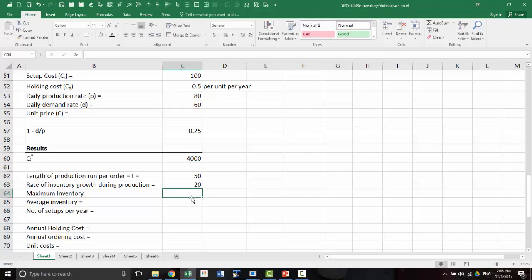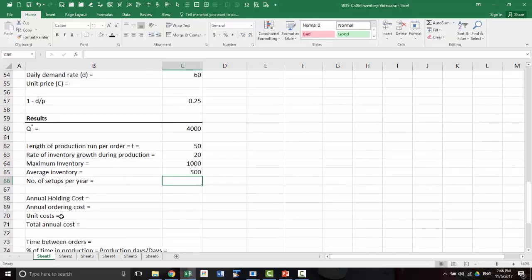So now if you multiply these two, this is the rate at which inventory grows per day, and this is how long the inventory will grow, the length of the production run. So that gives us the maximum inventory. That divided by 2 will give you the average inventory. So we can use that to set up our holding cost.